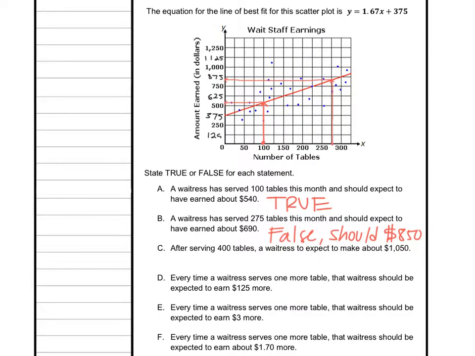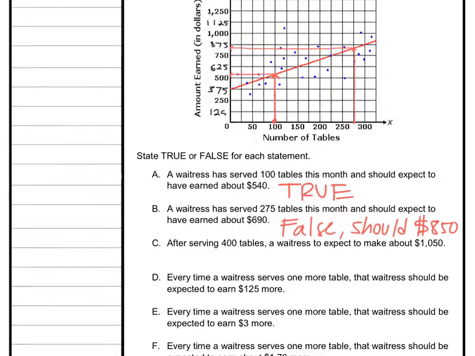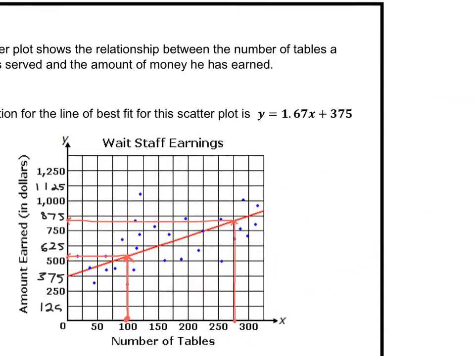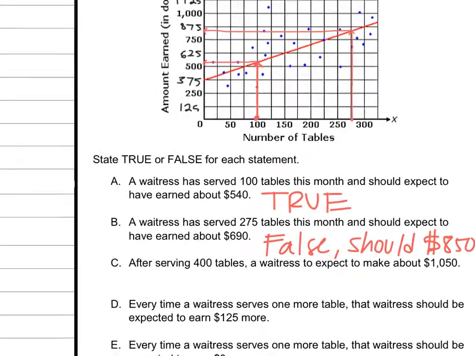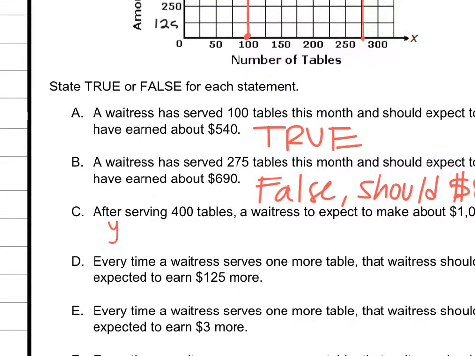Problem: do you see 400 on this graph? No. I don't either. So we're going to have to use the equation. If it's not on the graph, use the equation, please. The equation at the top is 1.67x plus 375. Let's write that down.